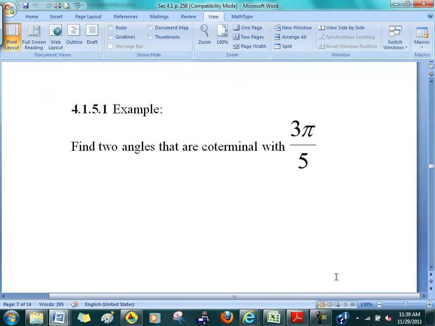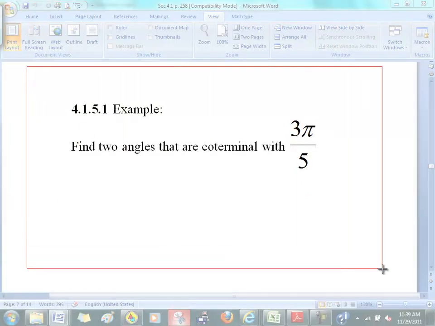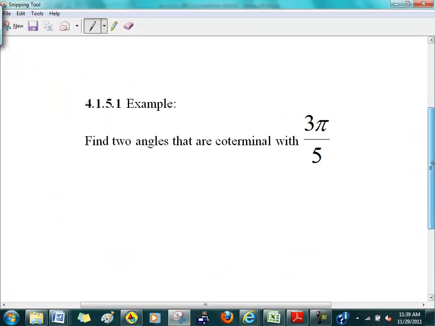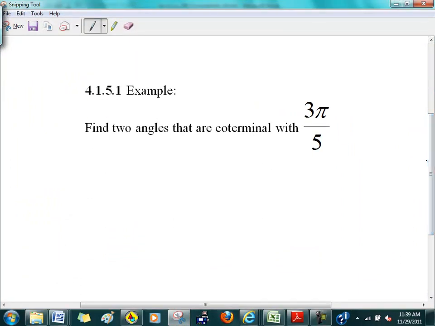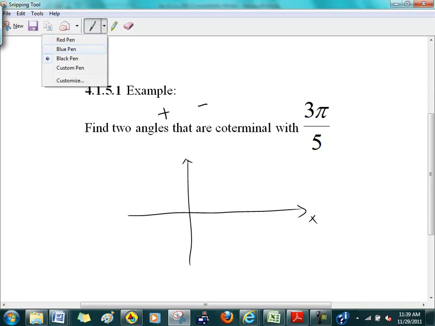Okay, so let's find two angles. I'll find one for you, and then you do the other one for me. Find two angles that are coterminal with 3 pi over 5, one positive, one negative. The first thing you want to do is draw what this angle is going to be. 3 pi over 5 would be about 108 degrees, so somewhere out here.